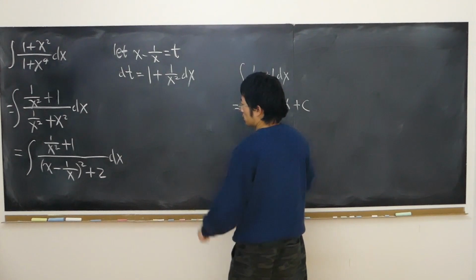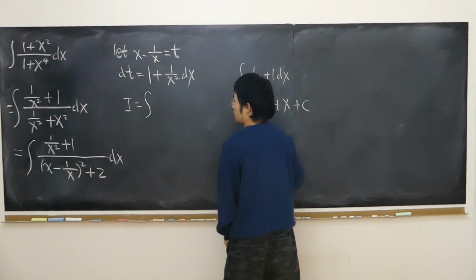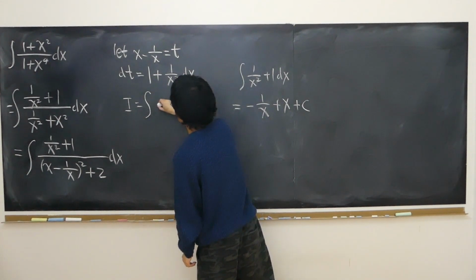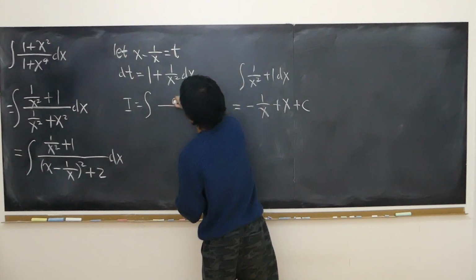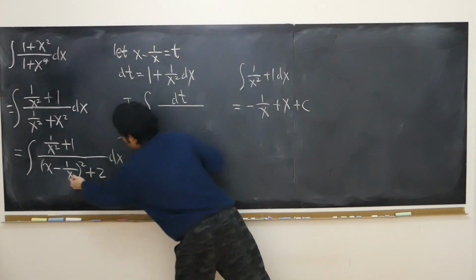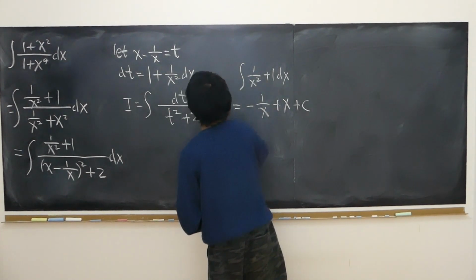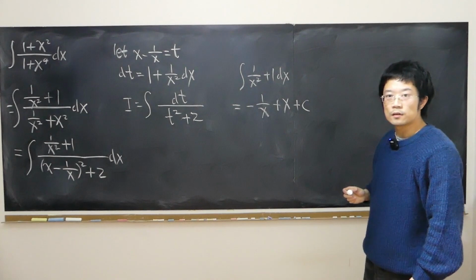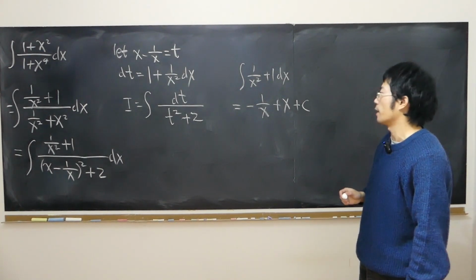Okay, then we can successfully rewrite the integral as the integral of dt on top. The bottom now becomes t squared plus 2. Then we're going to integrate with respect to t, and then substitute back to x.